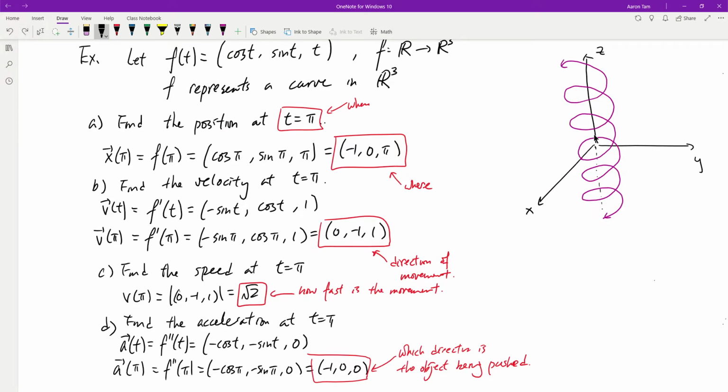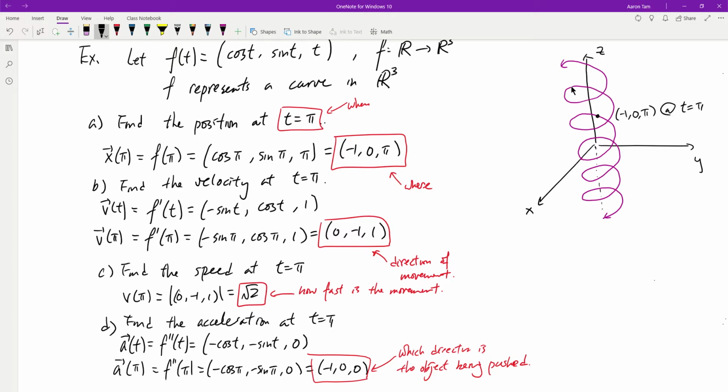The point would probably be more to the back, so maybe somewhere over here. Negative 1, 0, pi. So that would be at t equal to pi. And then the object will go spiraling around like this.